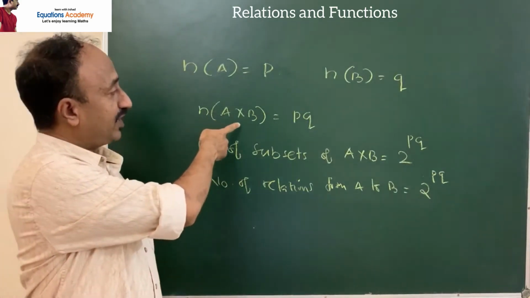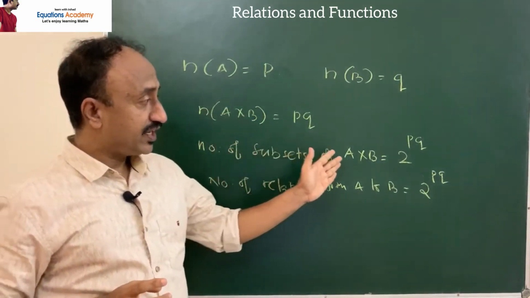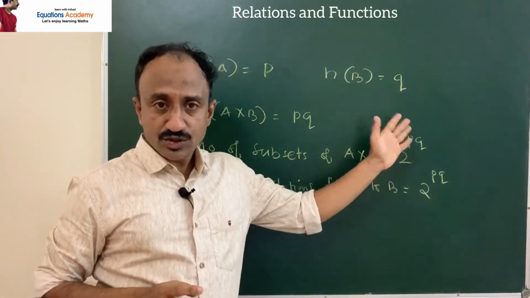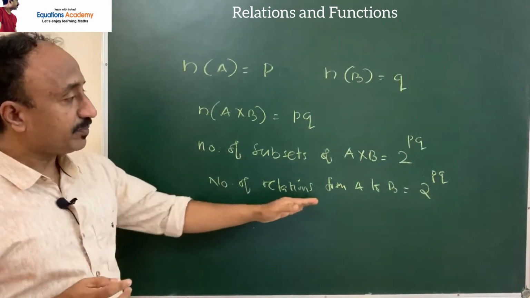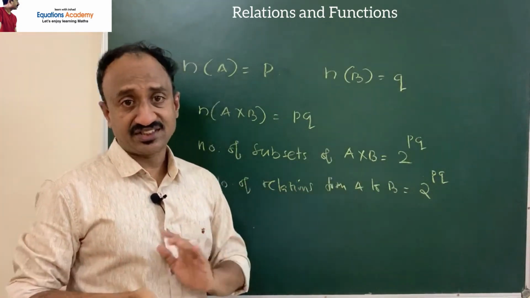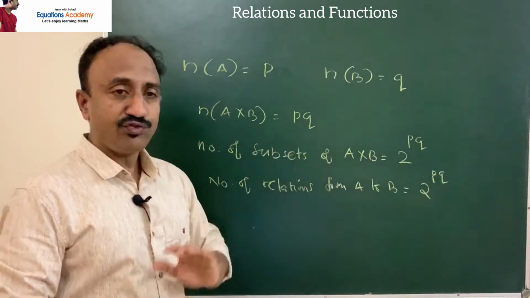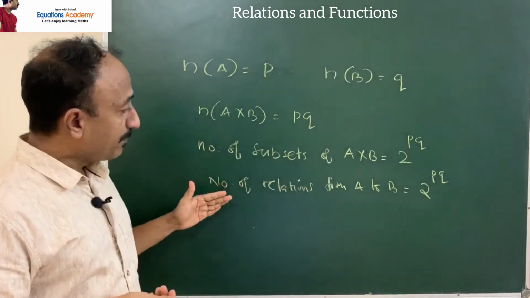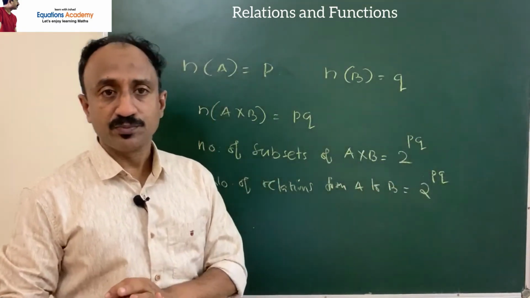If the number of elements of A cross B is pq, then the number of subsets of A cross B will be 2 raised to pq, which is equal to the number of relations from A to B. Since the relation is a subset of A cross B, the number of relations from A to B is equal to 2 raised to pq.